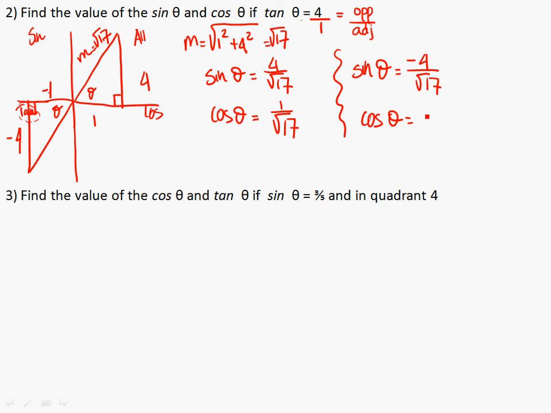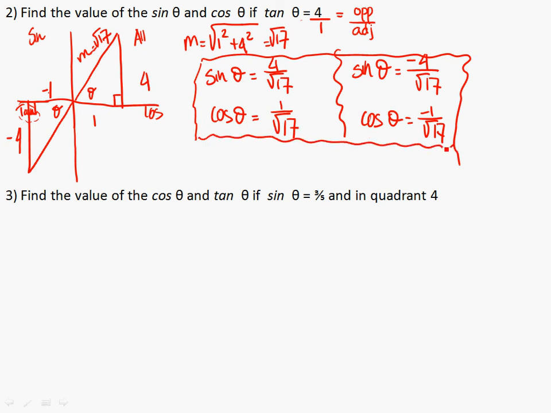What's the other cosine value that we could have had? Negative 1 over the square root of 17. Because it didn't tell me where I was, you need all 4 of these, okay? So this problem is a little annoying because they didn't tell me where I was. Remember when we did the first one, I said, hey, it's telling us we're in quadrant 4. That's important. Okay, so you need both sets.